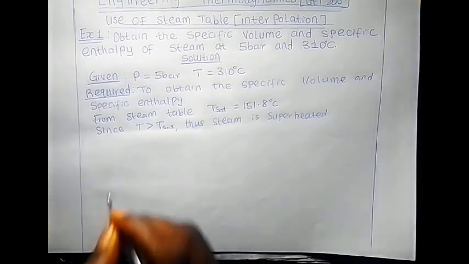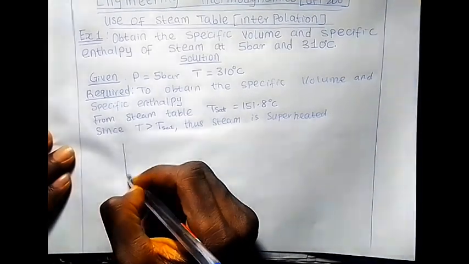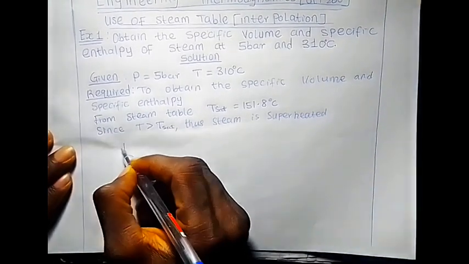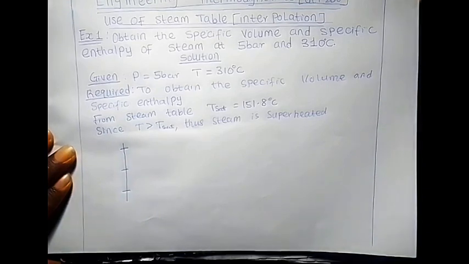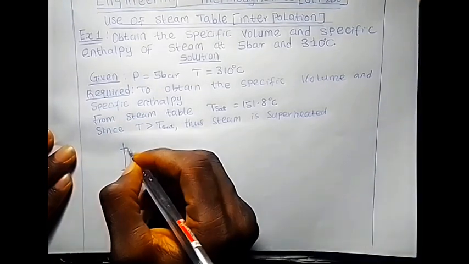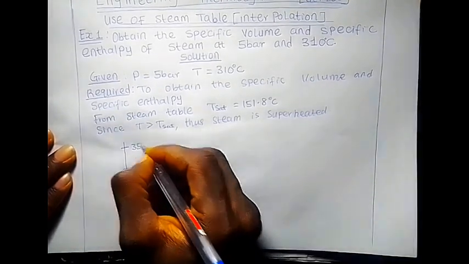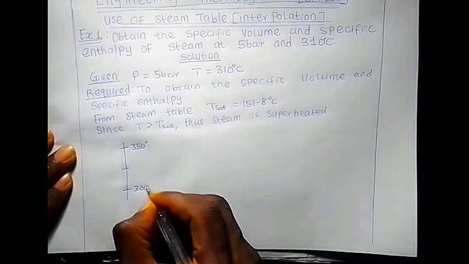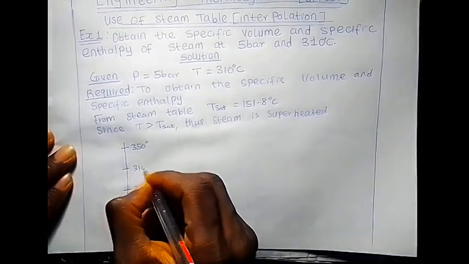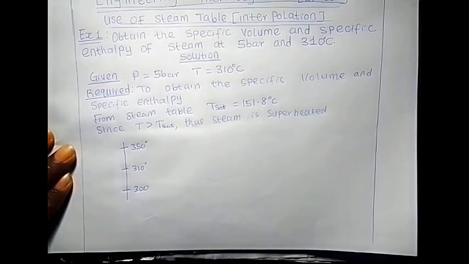So what do we do? We draw a line like we're calibrating a particular scale. You understand? So we are calibrating a particular temperature scale, and we have 350, we have 300, and 310 should be in between, but we don't know what it is.